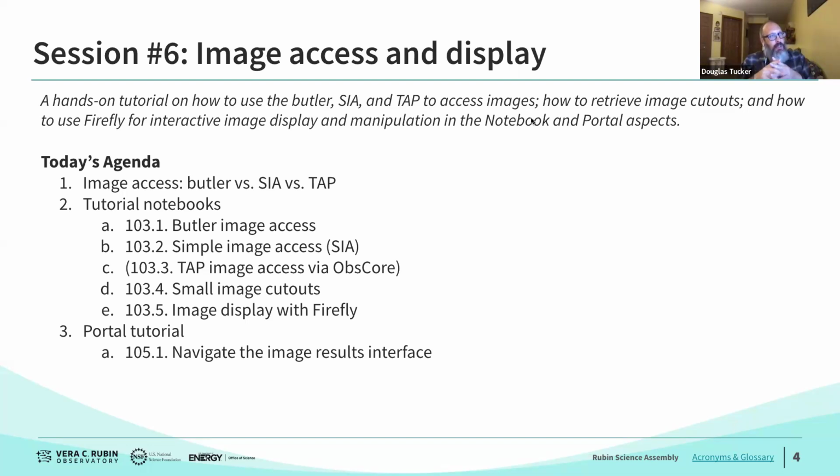Then we'll look at some of the tutorial notebooks from the earlier session, when we gave this talk this morning. We probably won't get through all of these, but we'll try to get through as many of the notebooks as we can, and possibly the portal tutorial.